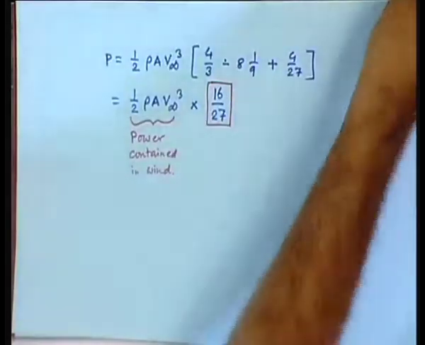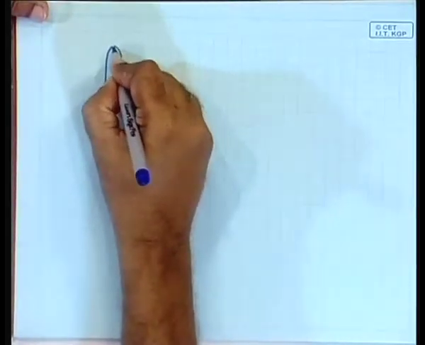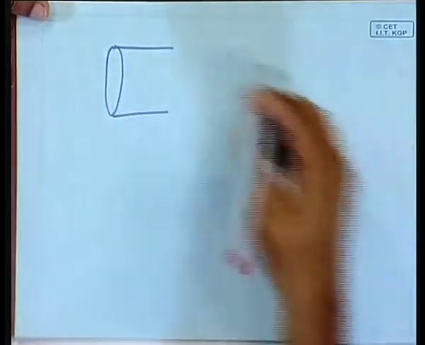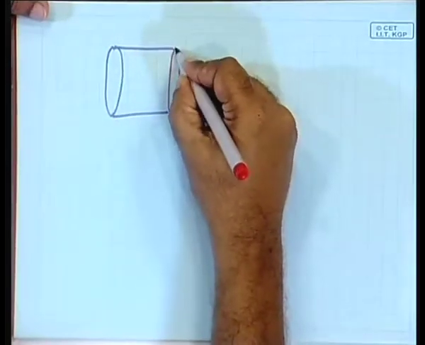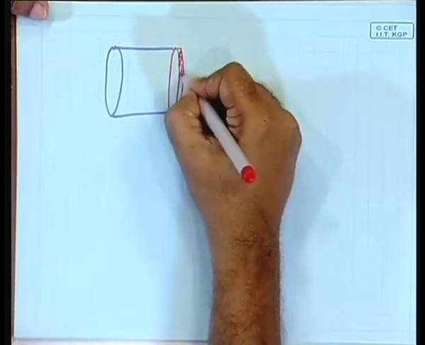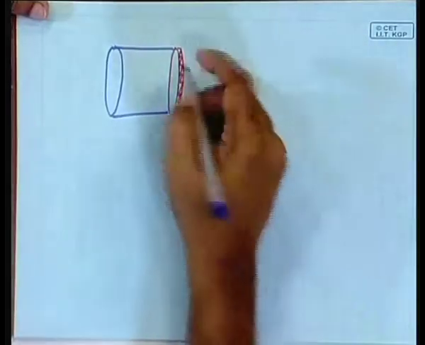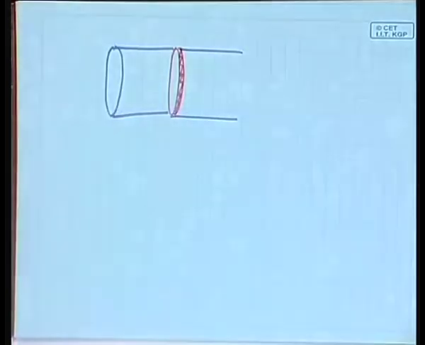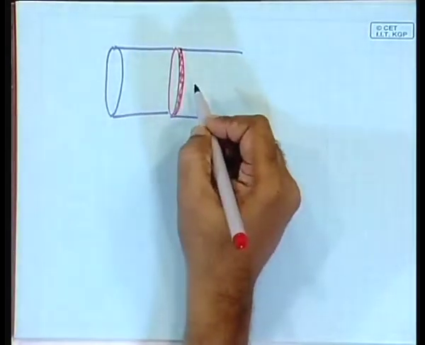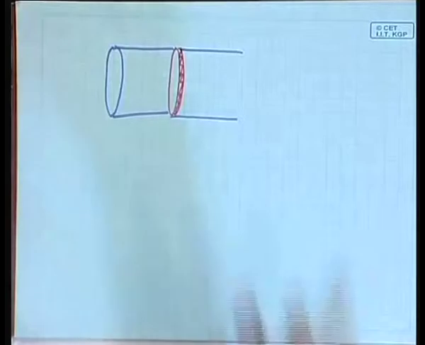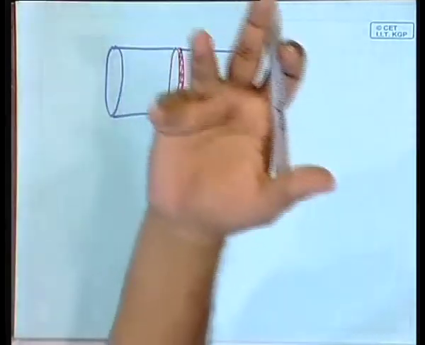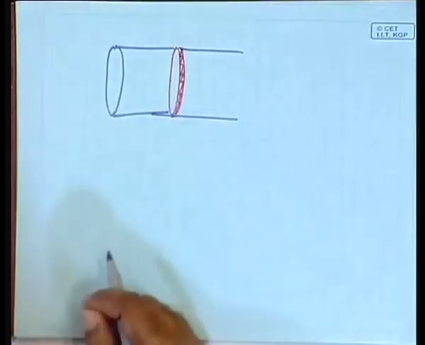Instead, consider something working on the thrust principle, where you have the wind coming and here is a disk that actually recedes. So wind is giving a thrust and pushes it back, and it can extract energy out of it.